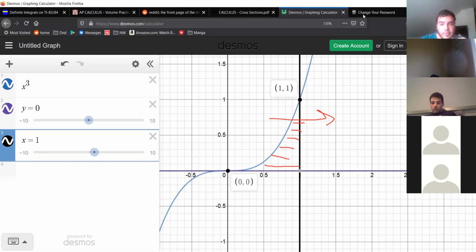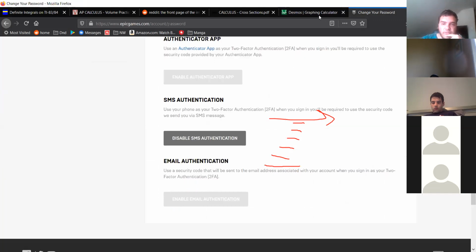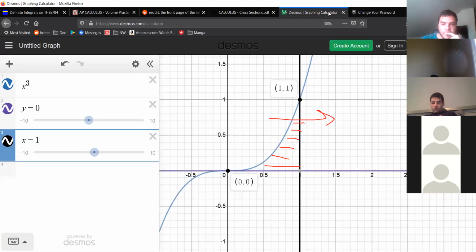So let's go back to the whiteboard. So we're going to have to inverse this blue curve, which is x cubed. And then x equals 1 is a flat line, which will be our new line over here. So we don't really need to inverse that one. So let's go back to our whiteboard. Let's get to work here.